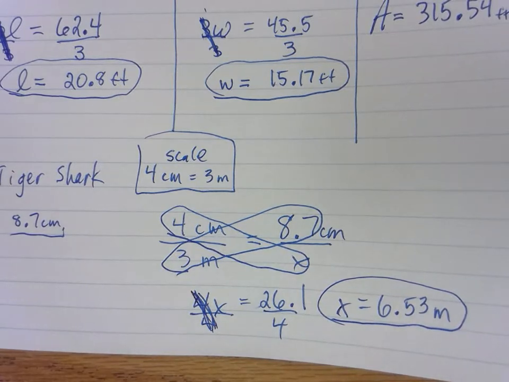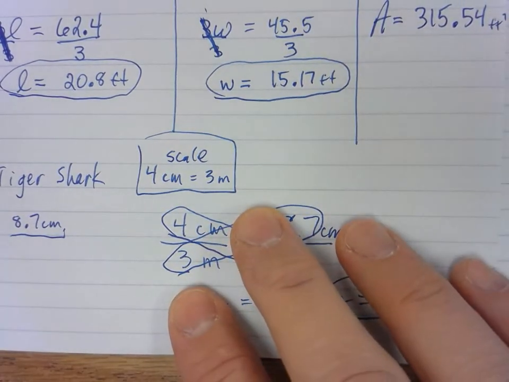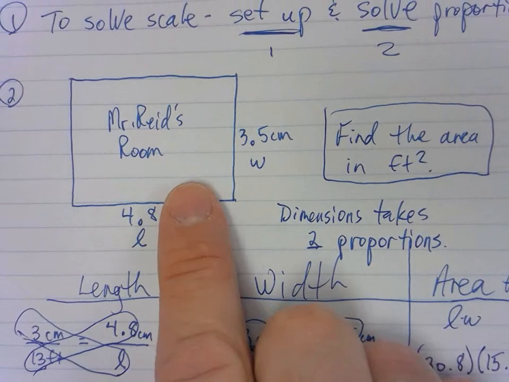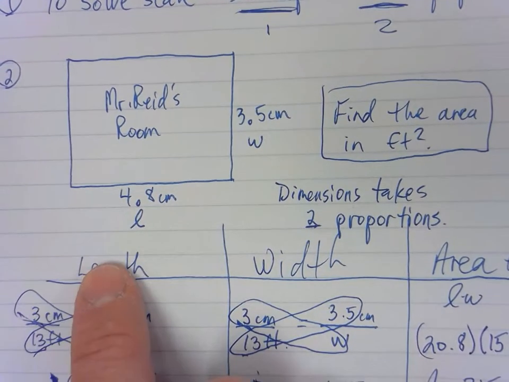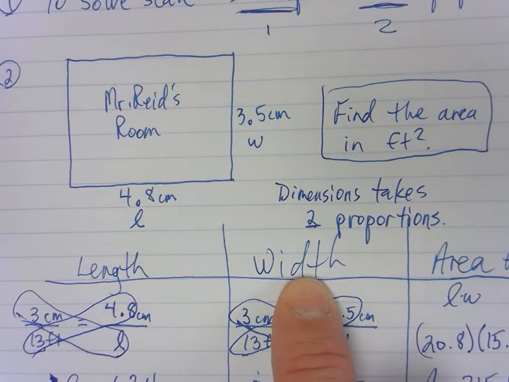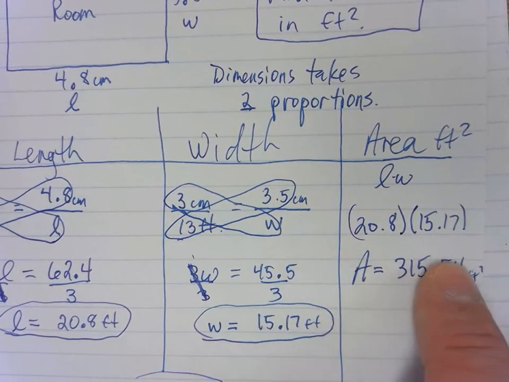Hopefully that gives you an introduction on how to get these bad boys solved. Again, you're going to have to set up proportions and solve proportions. It just depends on what kind of question it is. If it is a room where you're doing dimensions, you're going to have to do one for the length and width and solve those, and then you might have to multiply the answers together to get the area, length times width.